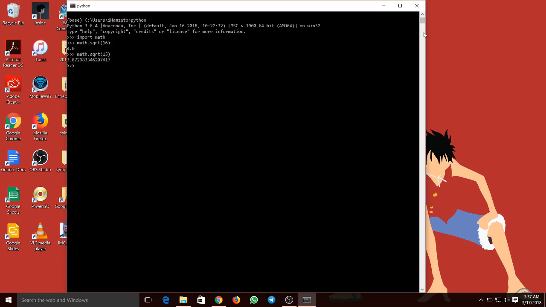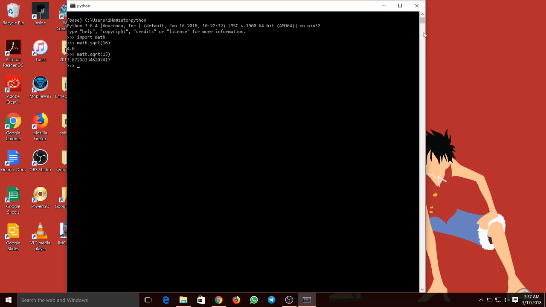You see, it's in the form of a decimal number, and the actual square root of this cannot be in the form of a decimal number, because it's an irrational number. So let's see another method of finding the square root, like mathematically, you get square root of 6 or square root of this.